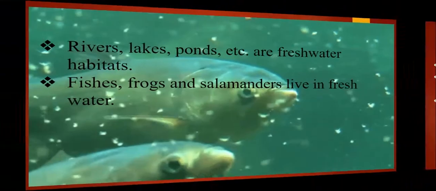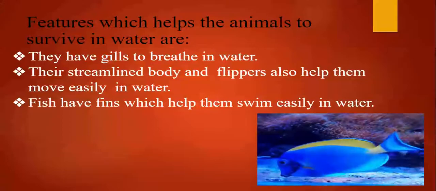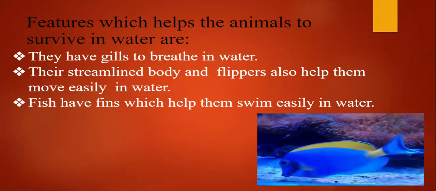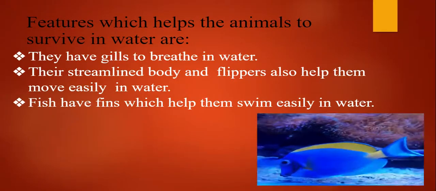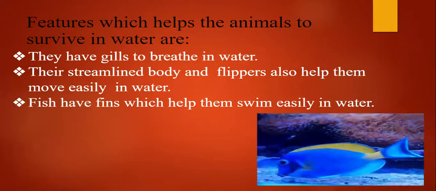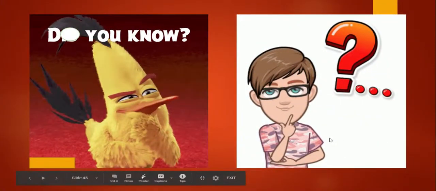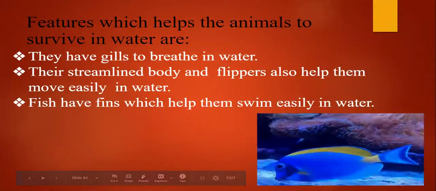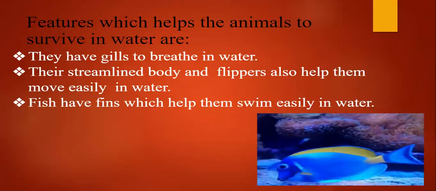Children, let us discuss the features which help these animals to survive in water. For example, they have gills to breathe in water. Their streamlined body and flippers also help them move easily in water.